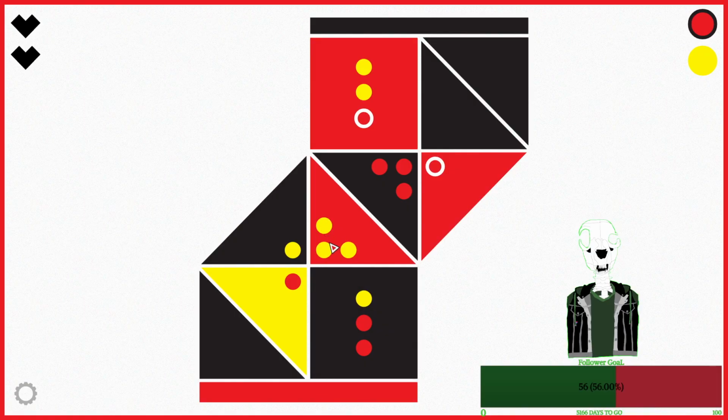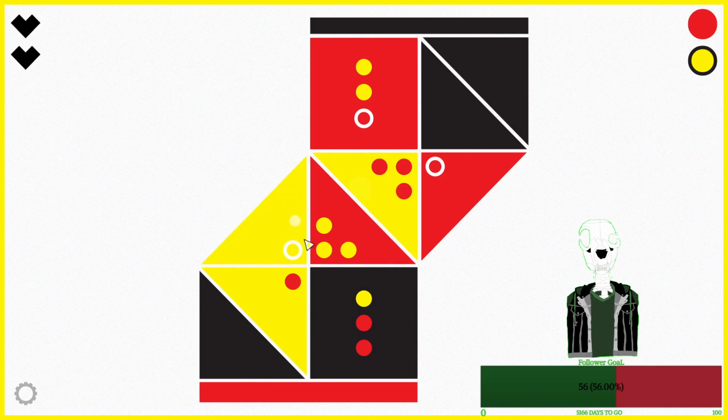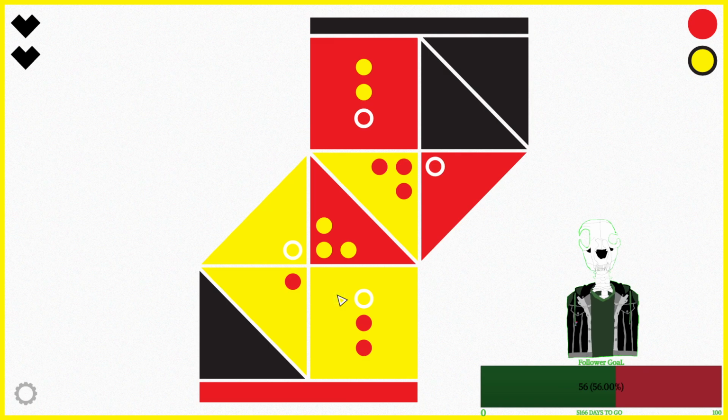This one's touching three yellows. It's only touching three things. So why are not all three yellows? Am I missing something? Why didn't I do this earlier? I don't know. Looks right to me.